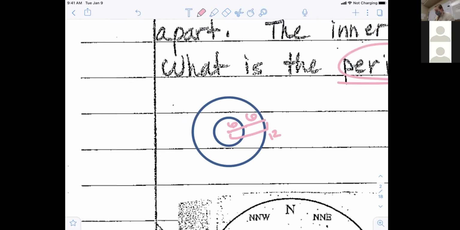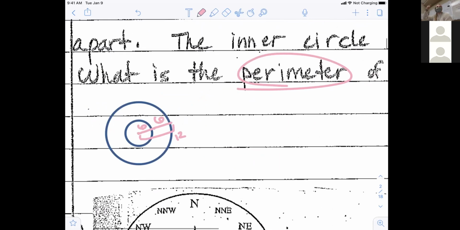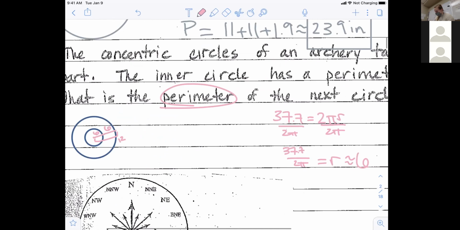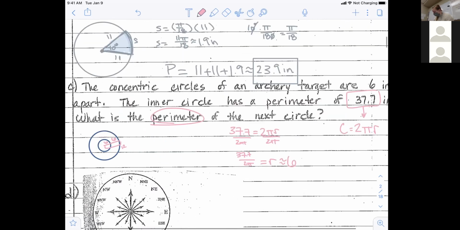My question was, what's the perimeter of the next circle or the bigger circle? So I'm going to do my circumference, but I'm going to plug 12 in for my radius. So C equals 2 pi 12, which is about 24 pi.